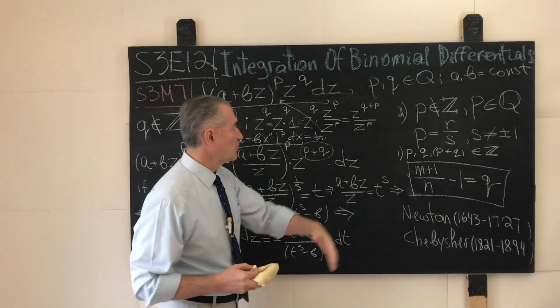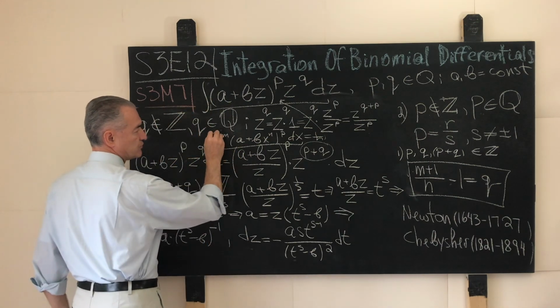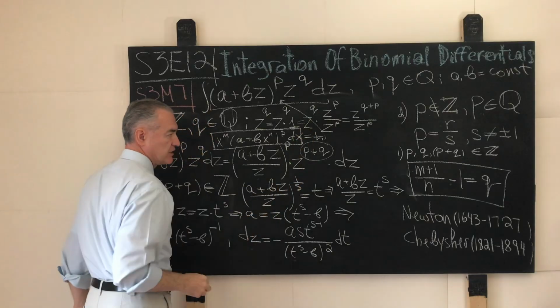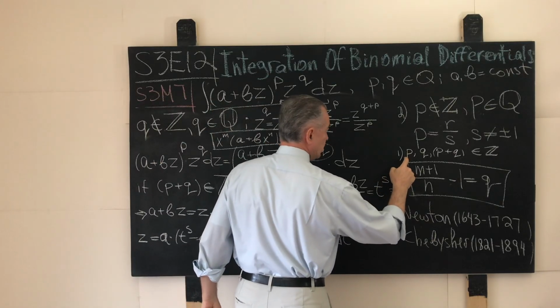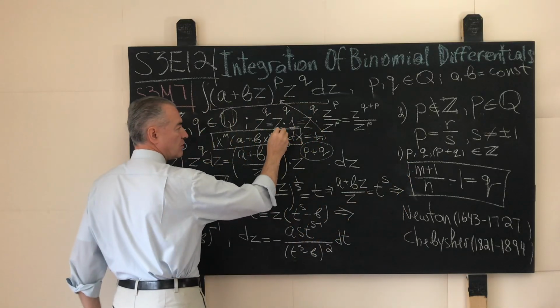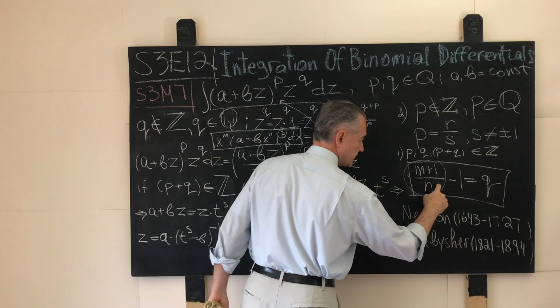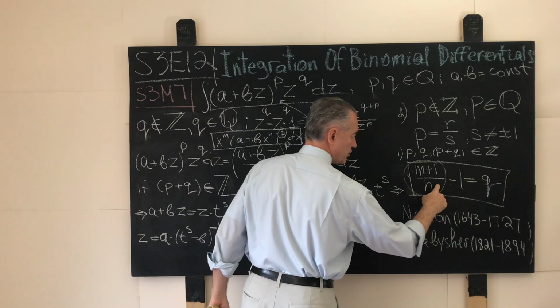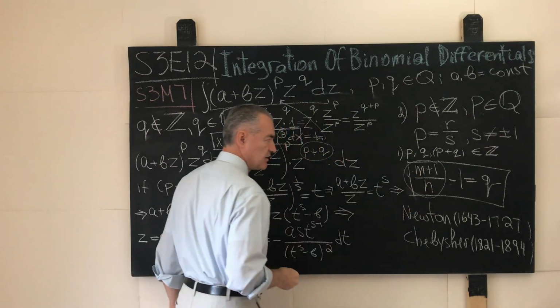Now, if we go back to our nomenclature for the official binomial differential, what does it mean? The number p is an integer, or the number m plus 1 over n is an integer, or the number p plus m plus 1 over n is an integer.